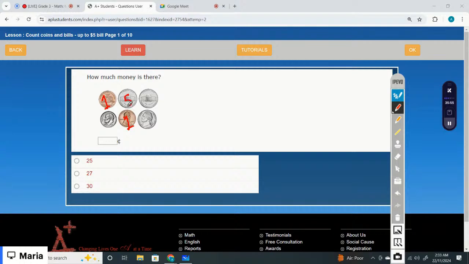Then this is 5 cents, 5 cents, and you can count the dimes by tens.